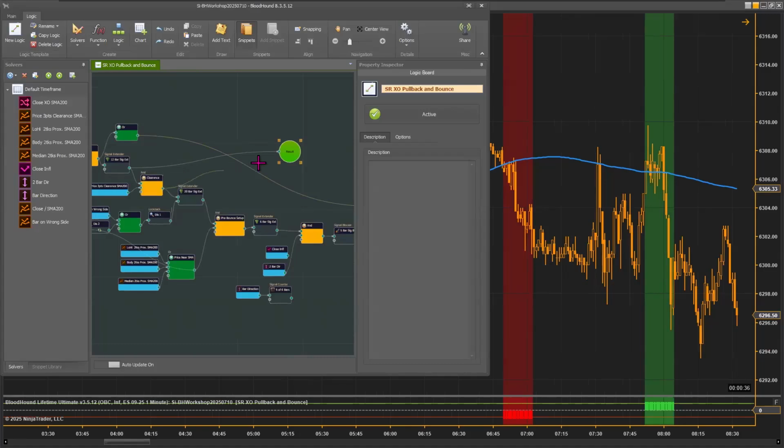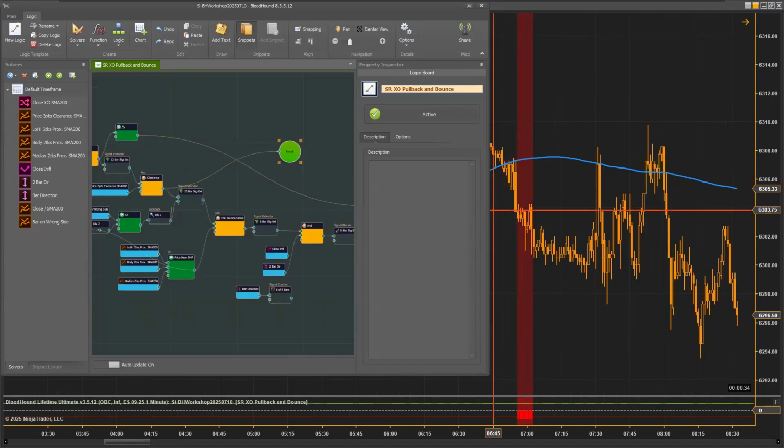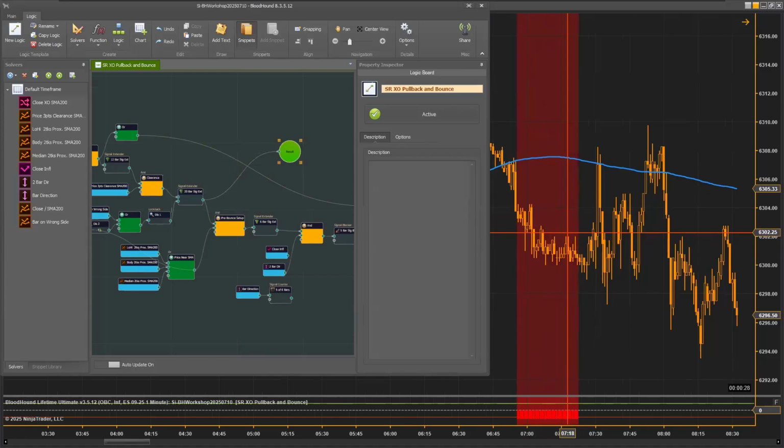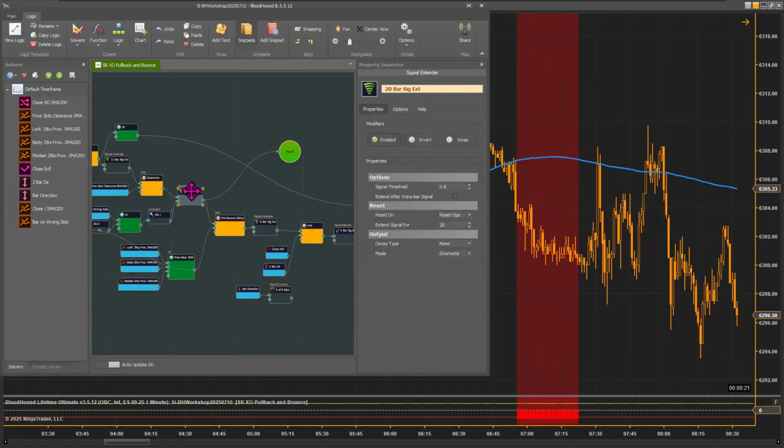Let's see if we got that clearance. Yep, there's our clearance. And now our signal extension. There we go. So this pullback took more than, what is it, 20 bars. Our signal extender is set for 20 bars, so it took more than 20 bars there.